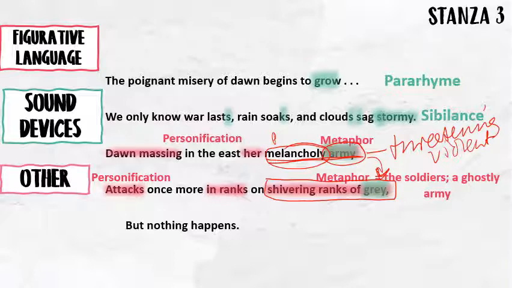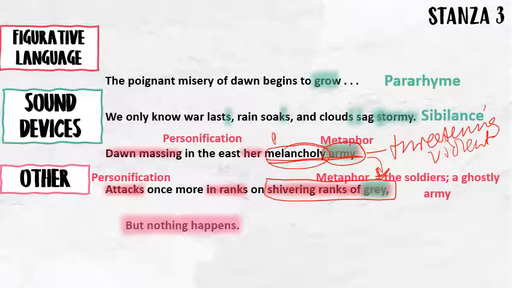You notice that the sound of that S is a long sound. It's really hard for us to make it a quick sound. And it can also be a quiet sound. So potentially we have Wilfred Owen creating the sound of the place, the sound of the silence, of the nothing that is happening.